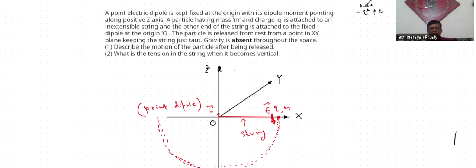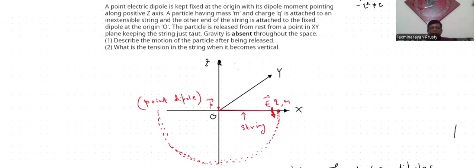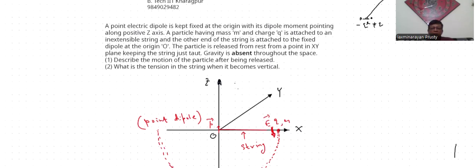The point charge, the particle, is kept on the xy plane, so from the xy plane it is released. Release means it is released without any initial velocity. The most important point here is gravity is absent throughout this space.